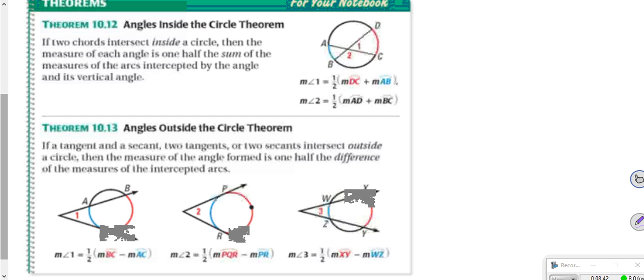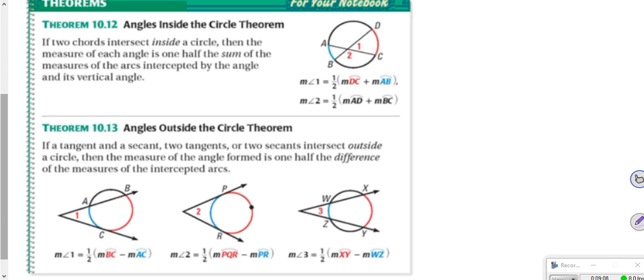So Theorem 10.12, or Theorem 12 in Chapter 10: if 2 chords intersect inside a circle, which by definition, if they're chords, they're going to intersect inside a circle, then the measure of each angle is 1/2 the sum of the measures of the arcs intercepted by the angle and its vertical angle.